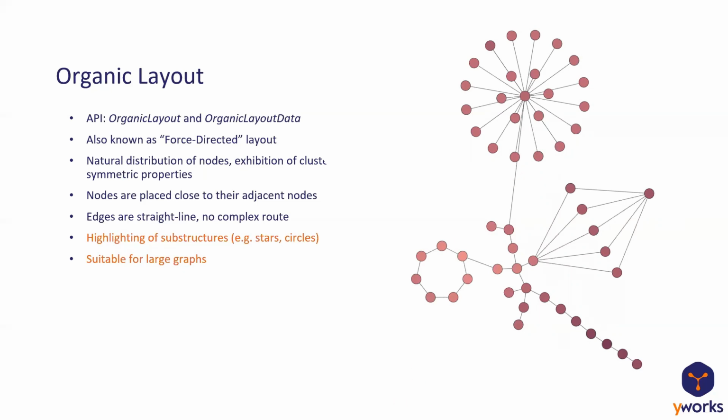And such a star structure, for example, can be explicitly laid out in a certain way. And also other structures which are chains, for example, or circles, also visible in the sample, are laid out by a specific style. And this organic layout is very suitable for large graphs, also very large graphs.